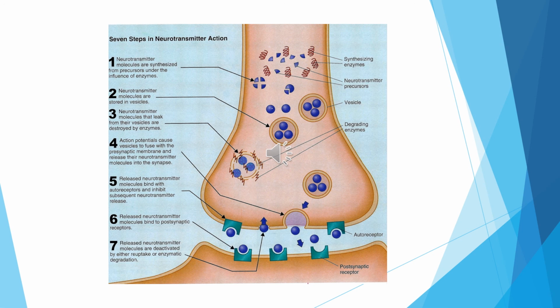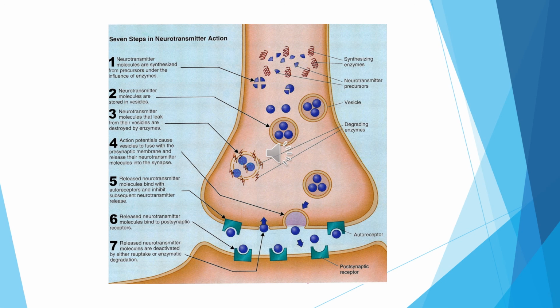These are the 4 little circle pie slices that are acted upon by enzymes, and those are like the coils that take those little pieces of the pie and put them together into a neurotransmitter, which is step number 2. Those neurotransmitters then are stored in these sacs that have the 3 blue circles in them representing the neurotransmitter. So the circle is the vesicle and the blue is the neurotransmitters that have been formed from precursors that we'll talk about later and enzymes.